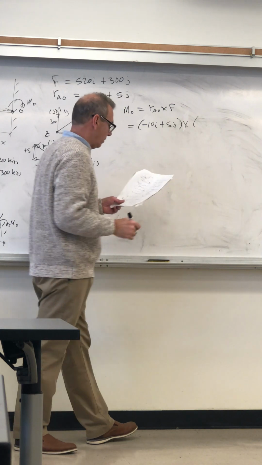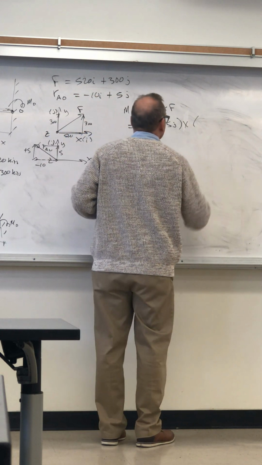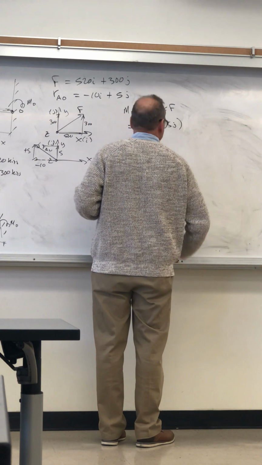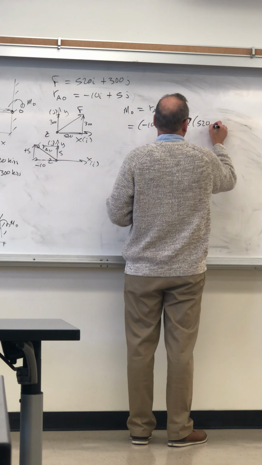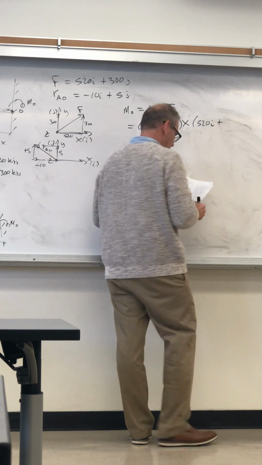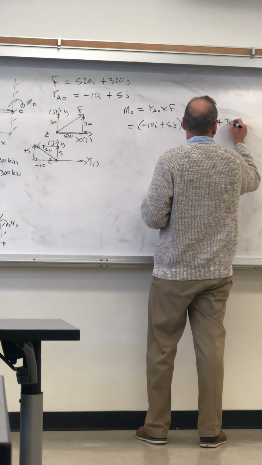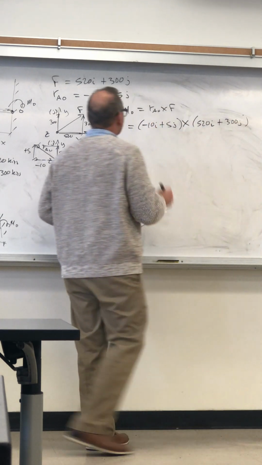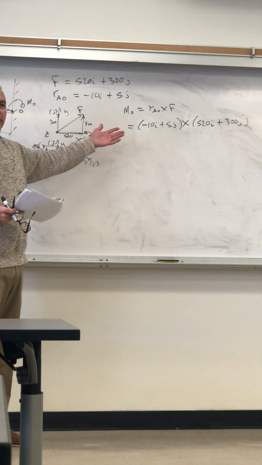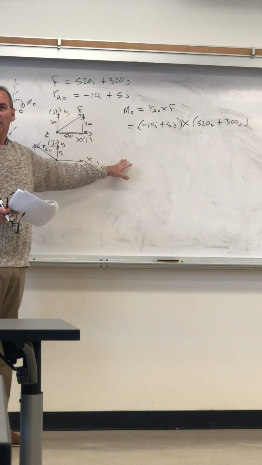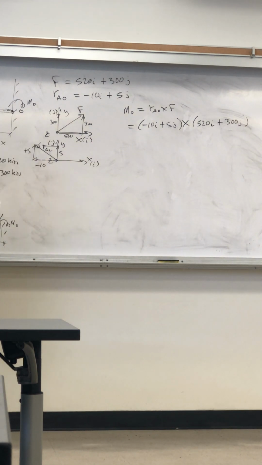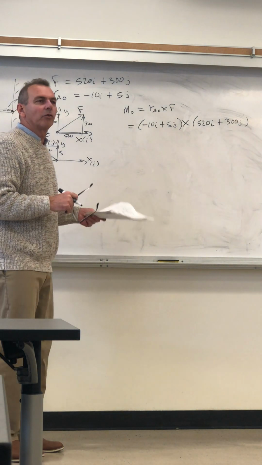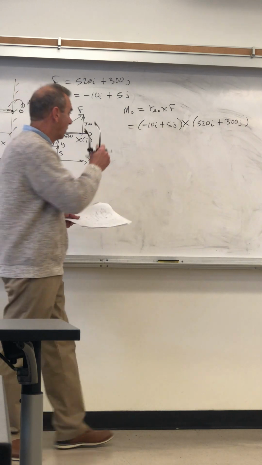So that's one vector. Let's write it more clearly: 520I plus 300J. If it all comes out right, we should get the actual moment about this from the cross product directly, from these two different vectors, rather than just taking a force and multiplying by distance.